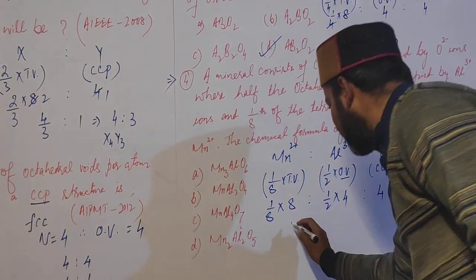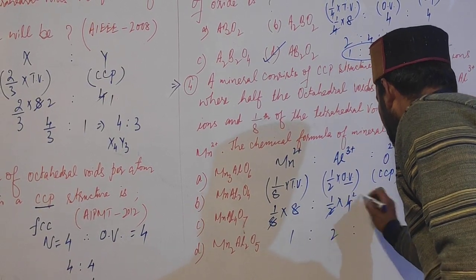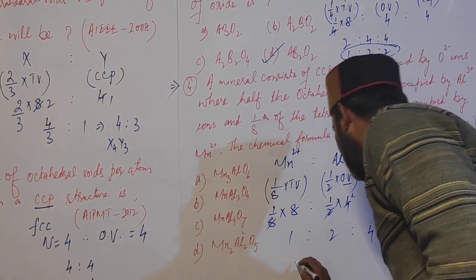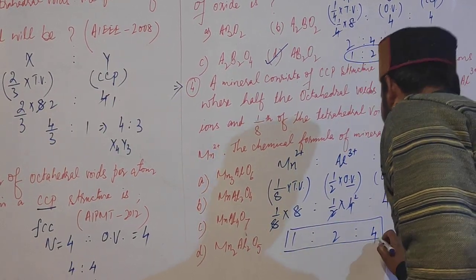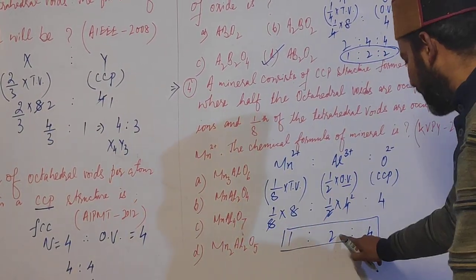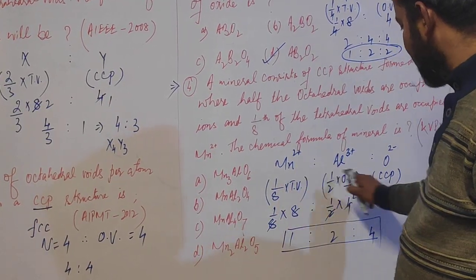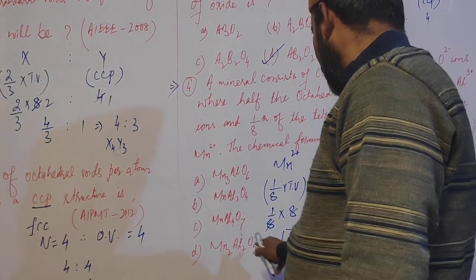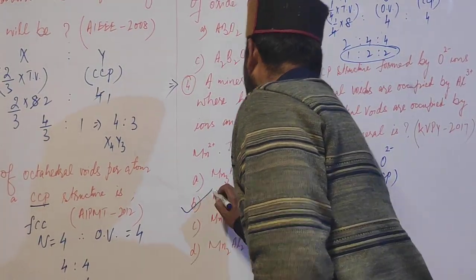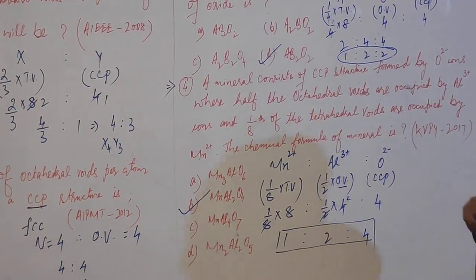So when we simplify this, we get 1, this is 2, this is 4. So it is 1:2:4. So we have 1 manganese, 2 aluminium ions and 4 oxide ions. That is, formula is manganese Al twice O4, MnAl2O4. So student, correct answer is option B.